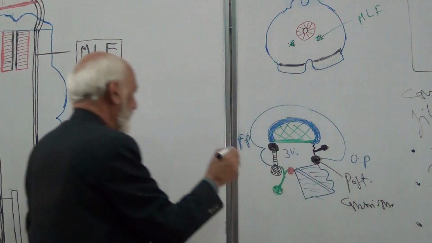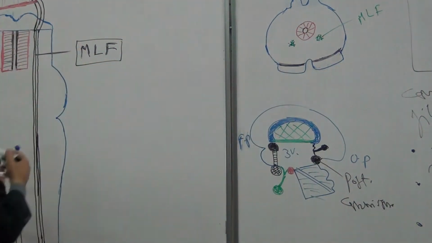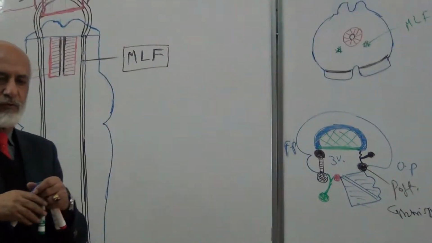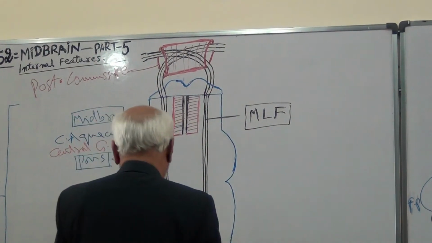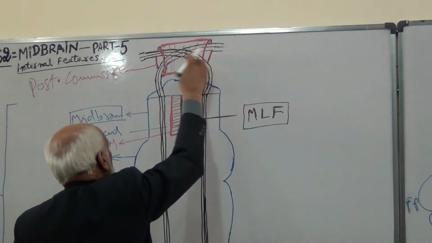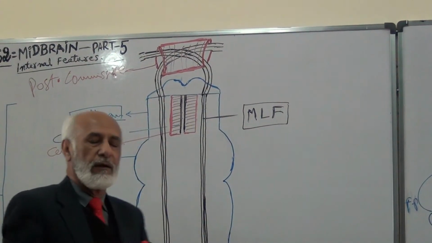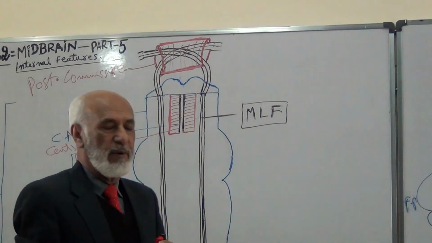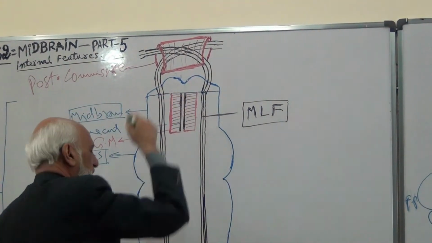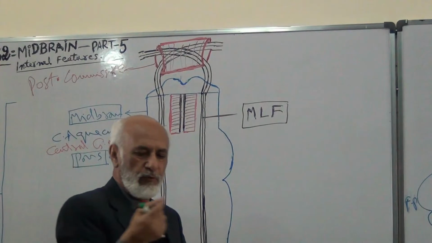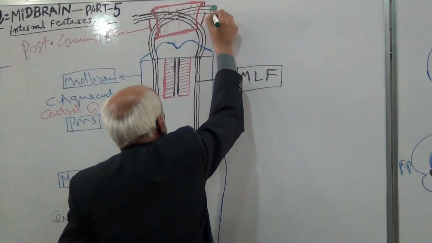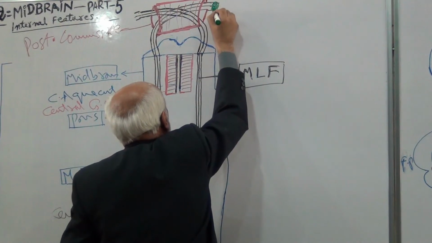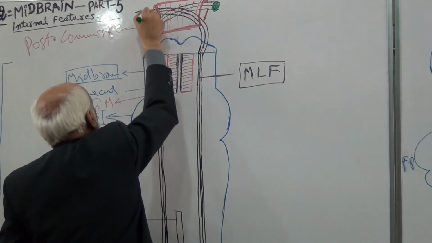It is through this commissure that the right and left medial longitudinal bundles cross. Here in the upper part, dorsolateral to the upper end of the aqueduct and the oculomotor nucleus, embedded in the fibers of the medial longitudinal bundle, there is a nucleus on each side.